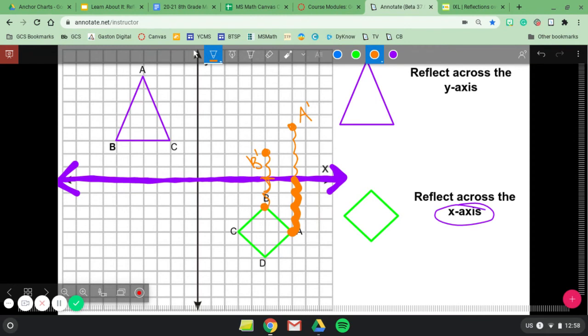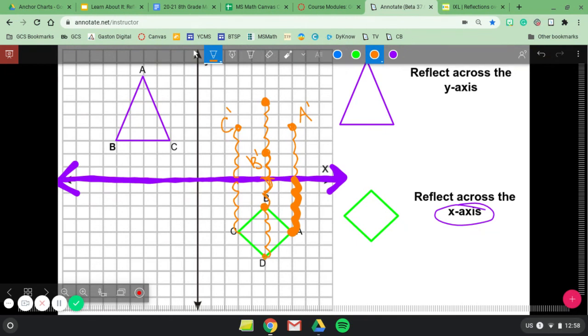Point C is the same distance from our line of reflection as point A. So it's 1, 2, 3, 4 below. That just means it's going to go 1, 2, 3, 4 above, and that's C prime. Then the last one, point D, is 1, 2, 3, 4, 5, 6 below, and that just means it's going to go 1, 2, 3, 4, 5, 6 above.